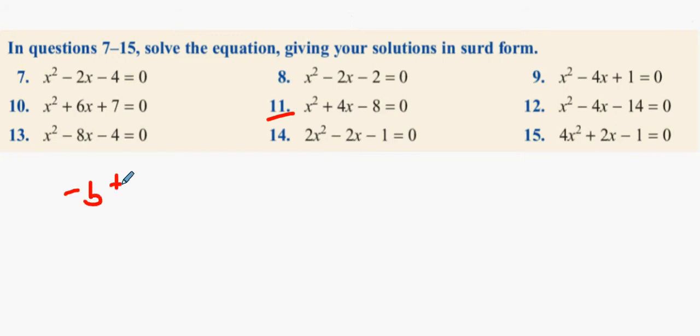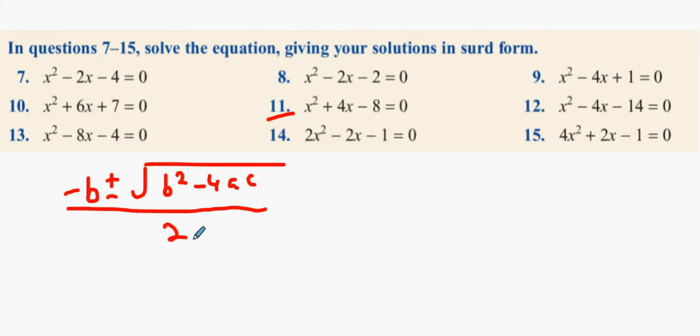And the minus b formula is used to solve equations particularly when you can't do it any other way. So minus b plus or minus the square root of b squared minus 4ac, all over 2a. Now remember what I told you, I tend to make a list.